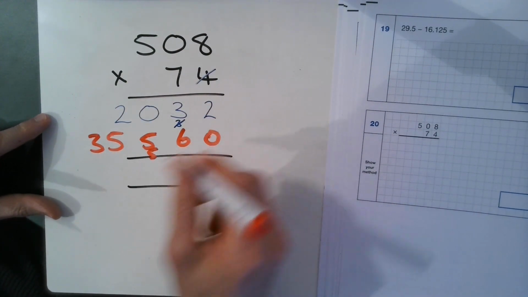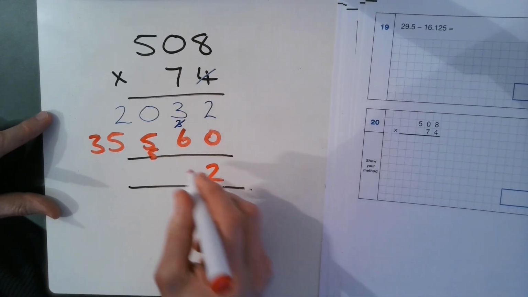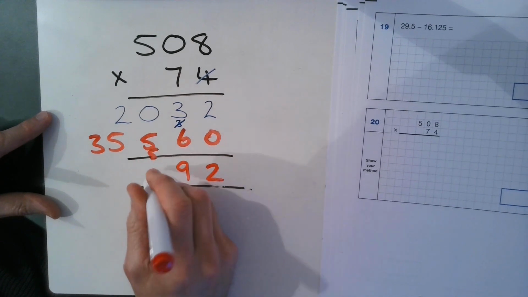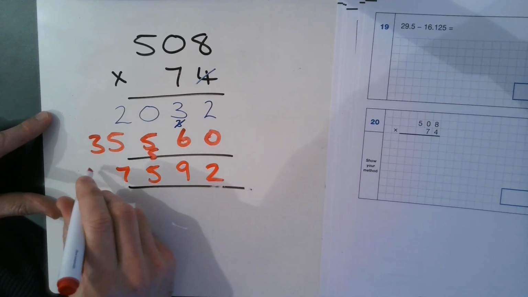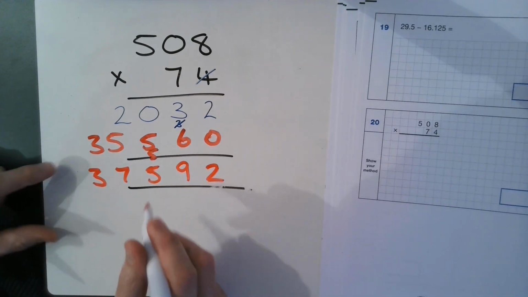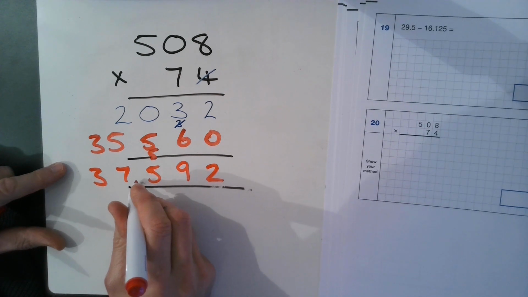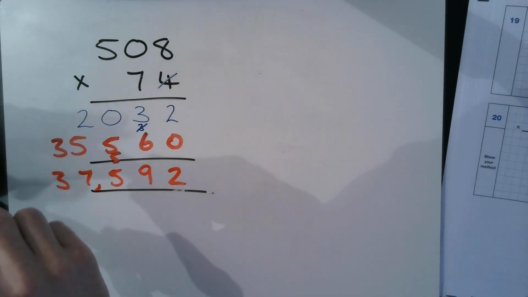And then we add these numbers all together. 2 add 0 is 2, 3 add 6 is 9, 0 add 5 is 5, 2 add 5 is 7, and the 3 there, because we're not adding anything to that, so we get 37,592.